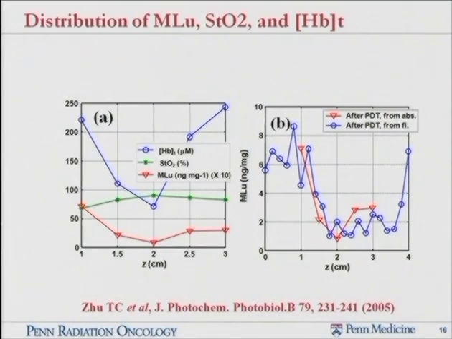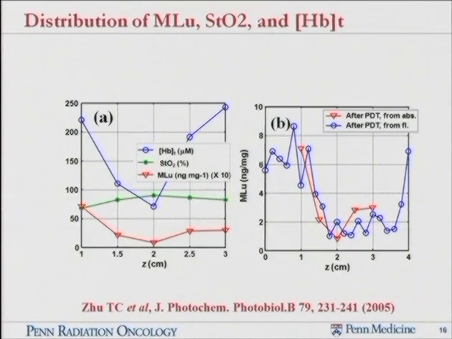And here is a Lutec concentration in nanogram per milligram, or microgram per kilogram, same unit. And you can see it changes by a factor of 5, almost 4 times, in the same patient at different locations.